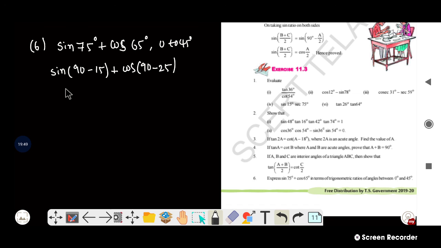So then cos 15 plus sine 25. So big angles I am showing as small ones, so 0 to 45 degrees only we have shown. So this is a formula based answer. Okay na. So this is the sixth question. Now exercise 11.3 is completed.